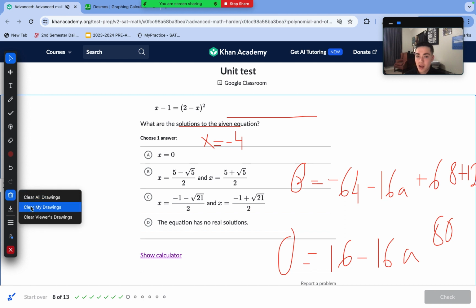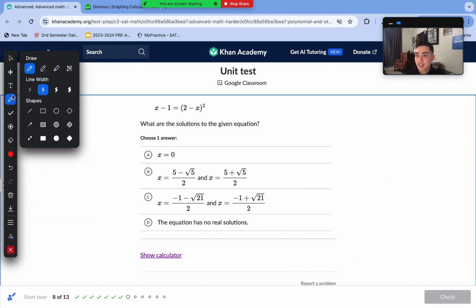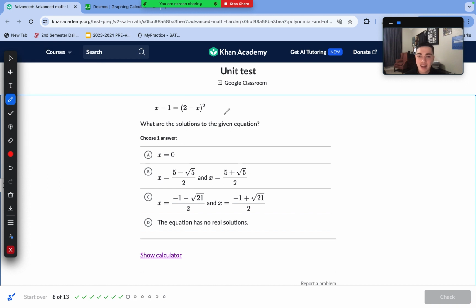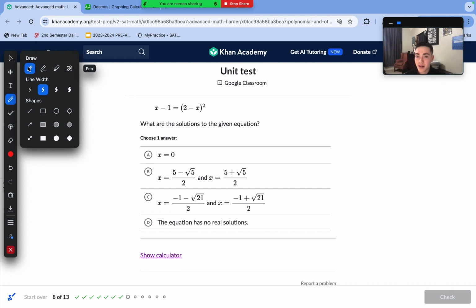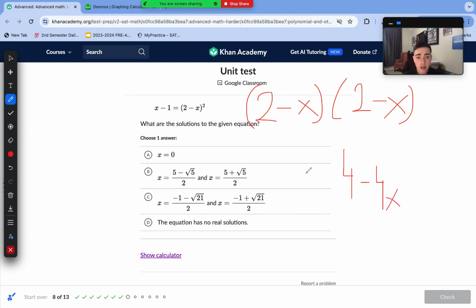On to this next question. What are the solutions to this equation? We need to go ahead and rewrite this as one single quadratic function, which our first step is writing it all on one side and getting rid of these parentheses. So 2 minus x squared. To get rid of that, we need to FOIL it out. So we rewrite it again, 2 minus x. Once we FOIL it, we're left with 4 minus 4x, and then x squared out here.